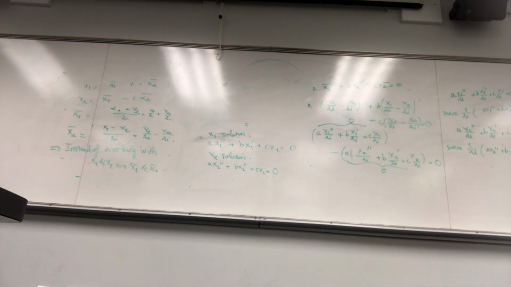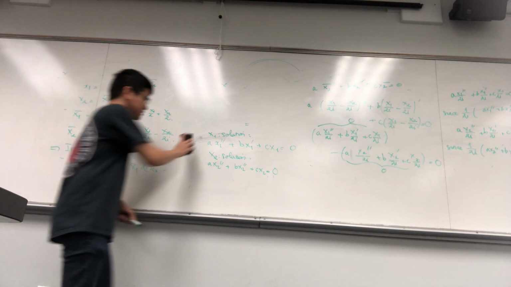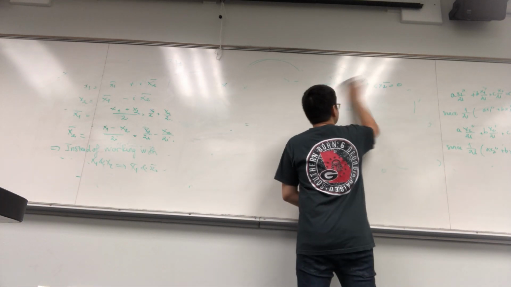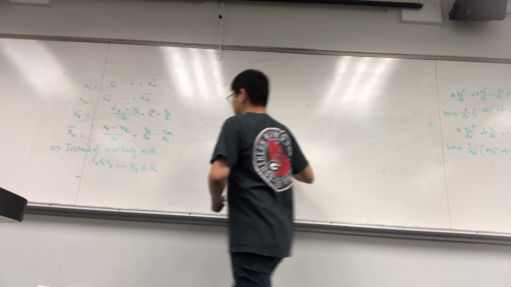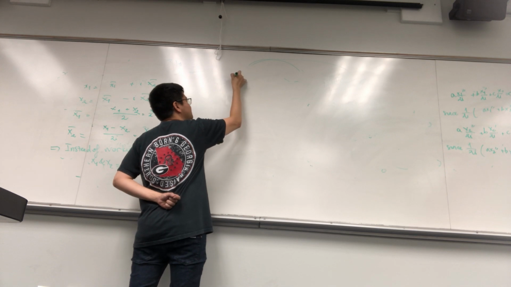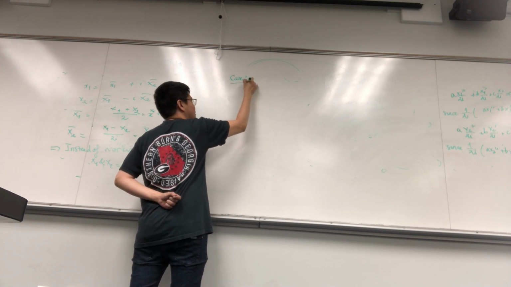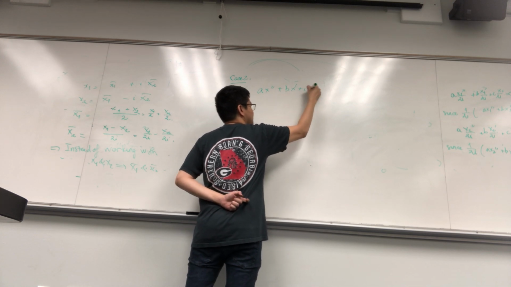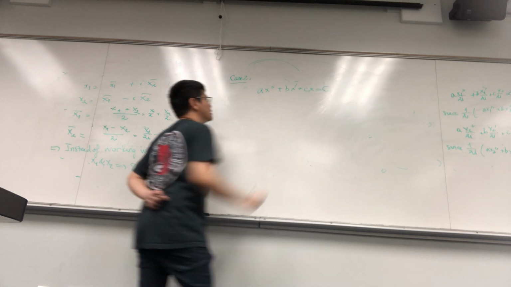Right. So now let me summarize everything that we've done into one formula, and this formula you have to memorize for the exam. So again, this is case number 2. You have a x second plus bx prime plus cx is 0, right?